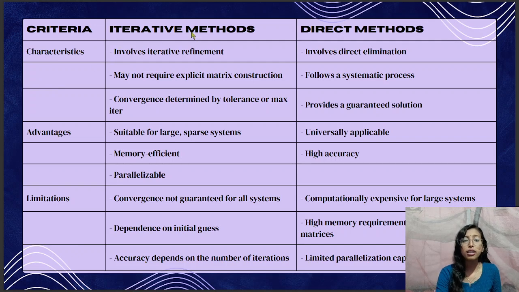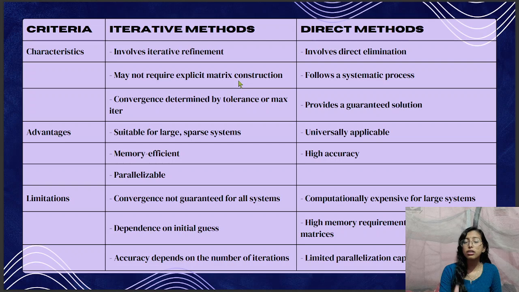Characteristics. The iterative methods have these three characteristics, and here the direct methods have these three characteristics. The first characteristic of iterative method is it involves iterative refinement. Here the direct method involves direct elimination. Second, may not require explicit matrix construction.